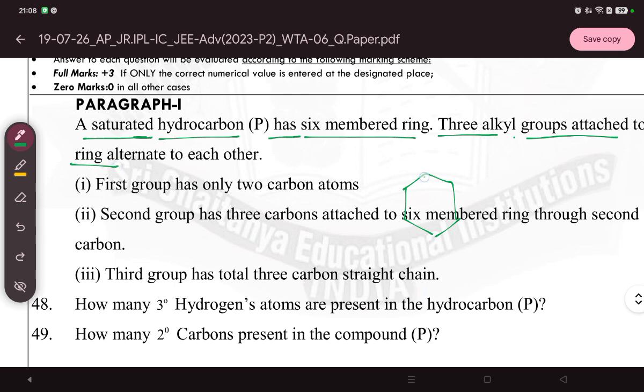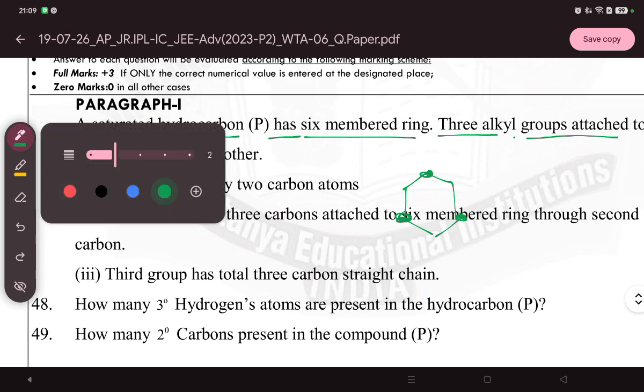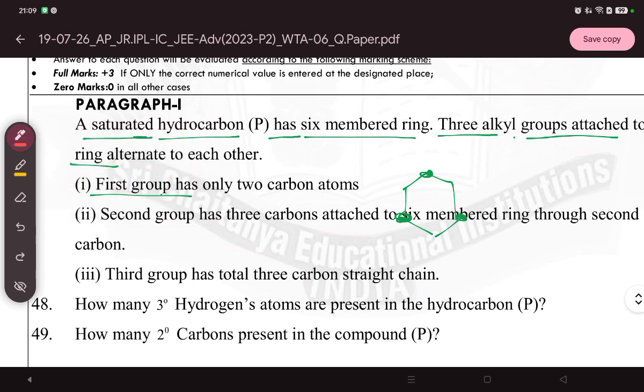Alternate position indicates after one carbon there is no substitution, and alternate one by one substitutions are presented. First group has only 2 carbon atoms. It indicates at the first position only 2 carbons are attached, and the second group has 3 carbons attached to the 6-membered ring through the secondary carbon.